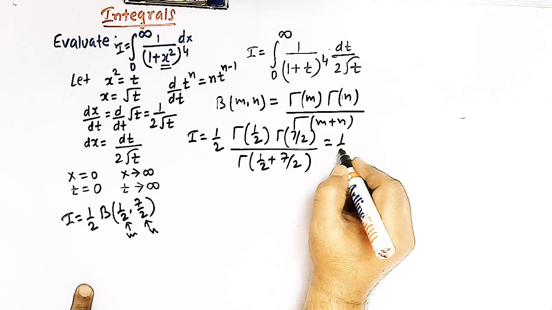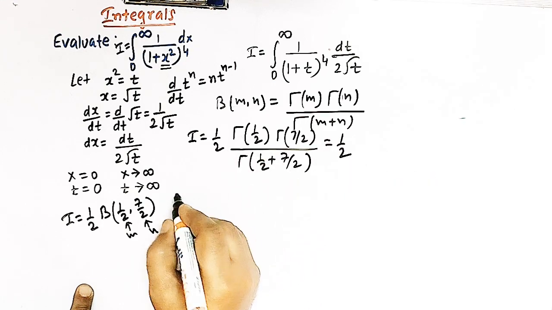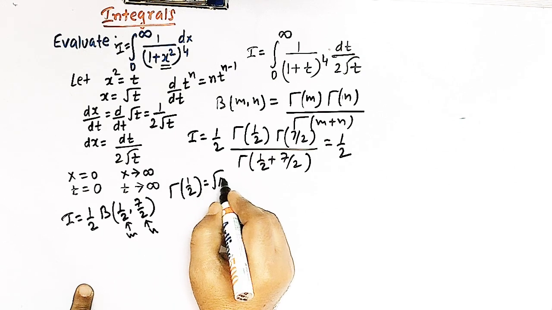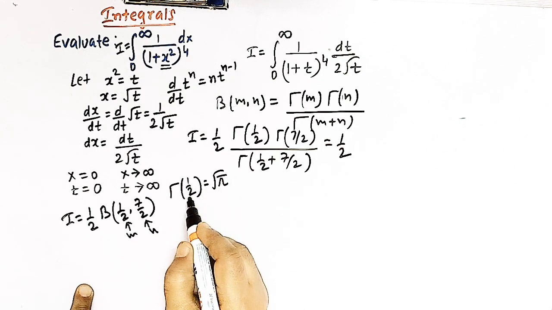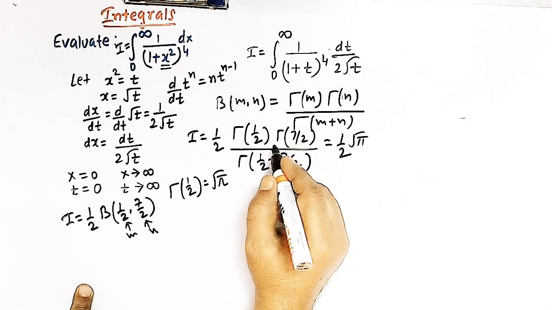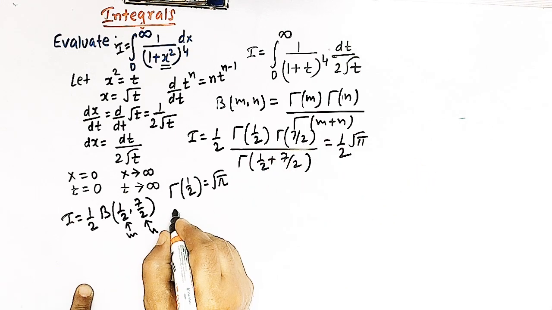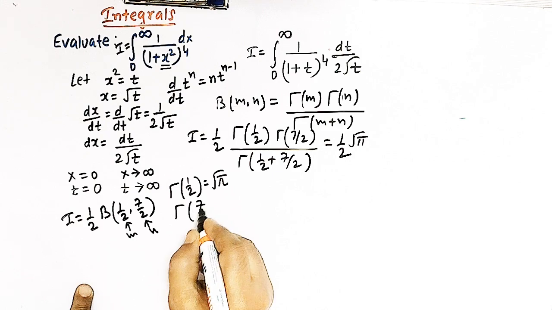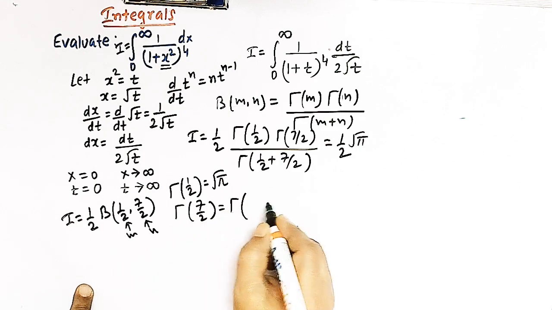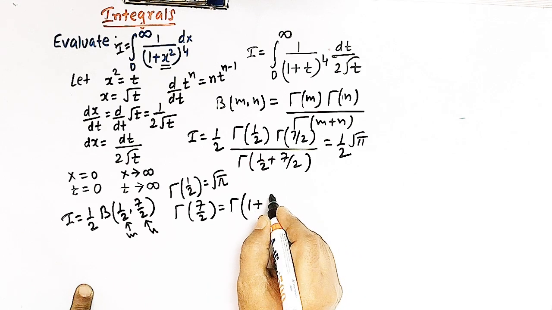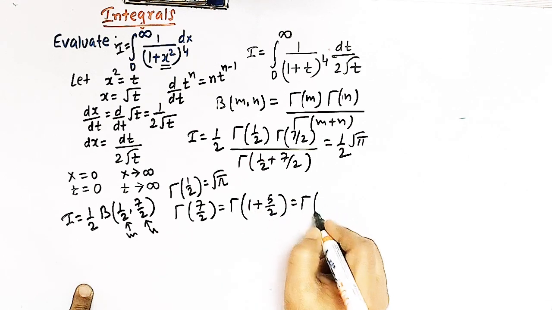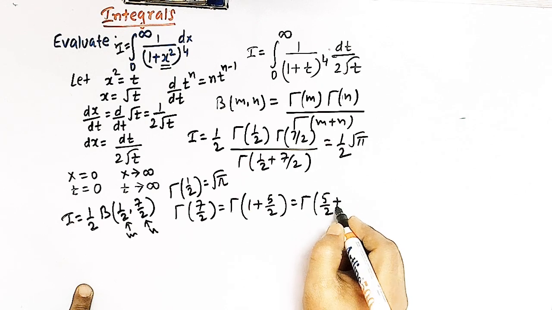So this is half, and here gamma half can be written as square root of pi, because the value of gamma half is square root of pi. And here we have gamma 7 over 2, right? Now gamma 7 over 2 can be expressed as gamma of 5 over 2 plus 1.